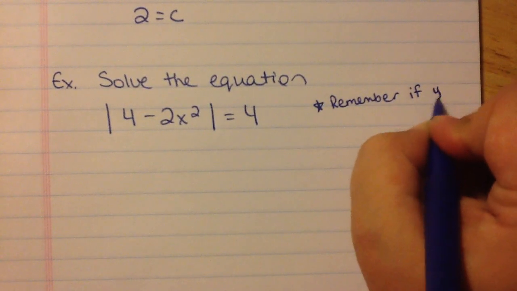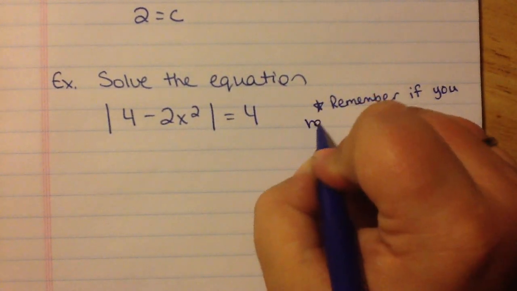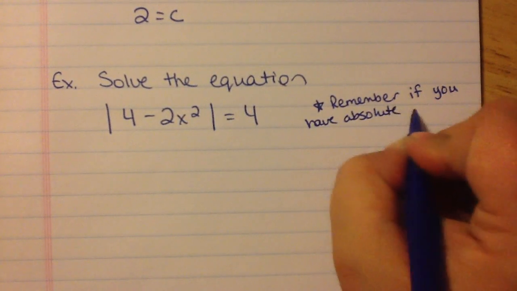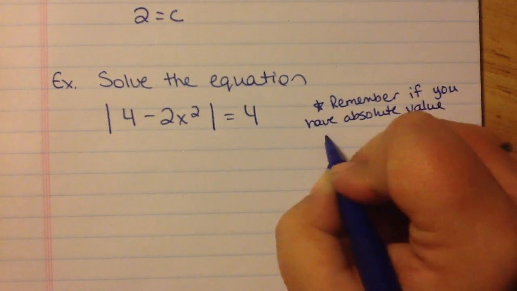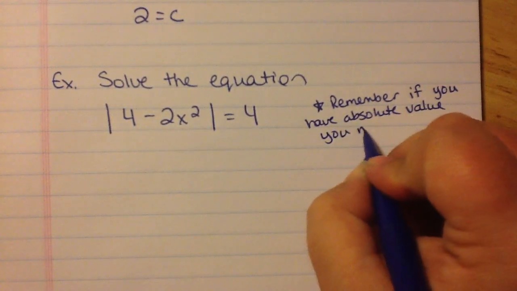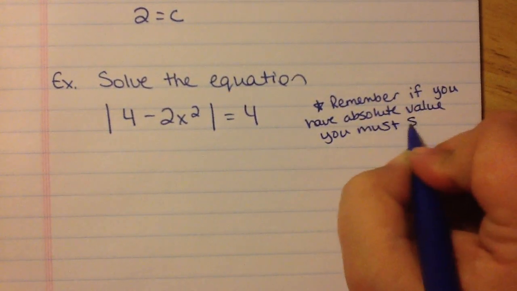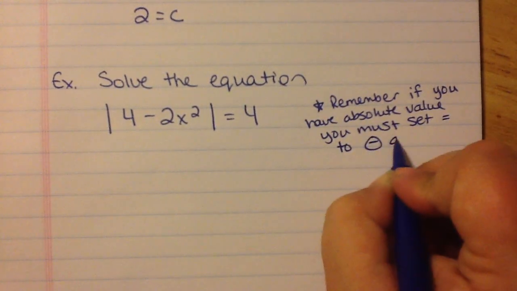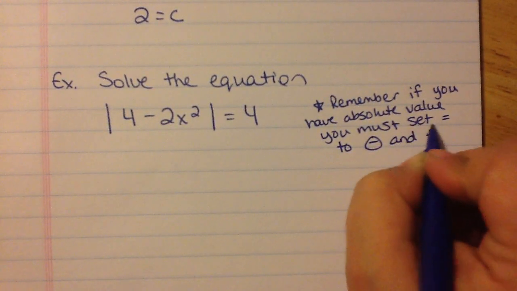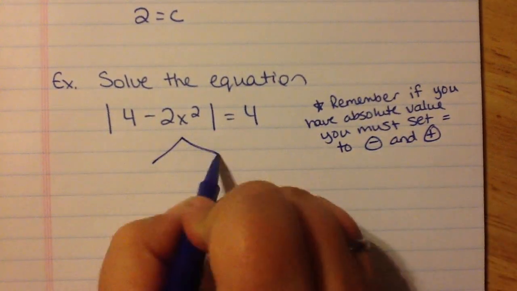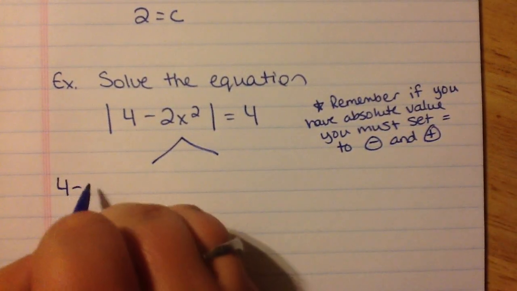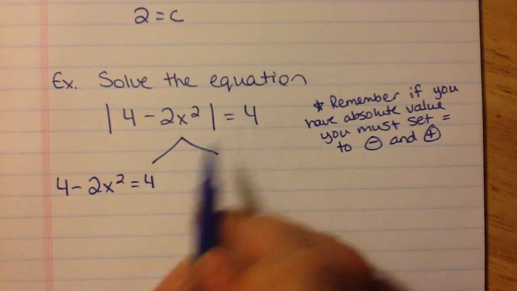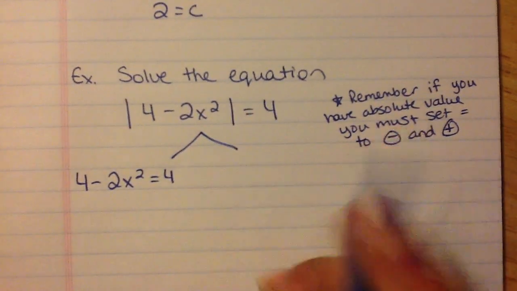So if you have absolute value, you must set it equal to the negative and the positive of your answer. So I have to split this. It's going to be 4 minus 2x squared equals 4, because that's the positive. Then I also need to do the negative.